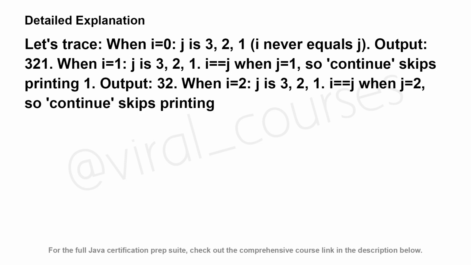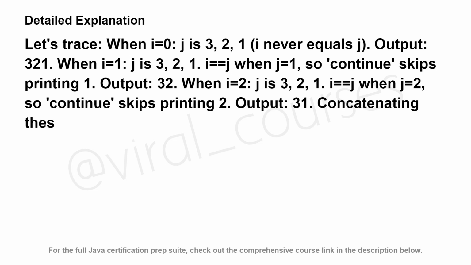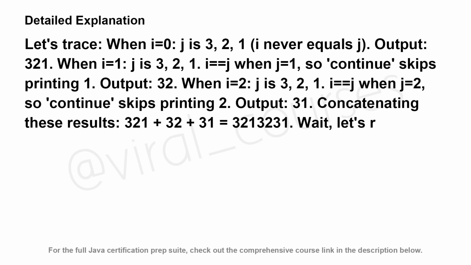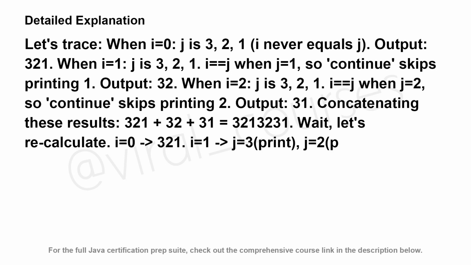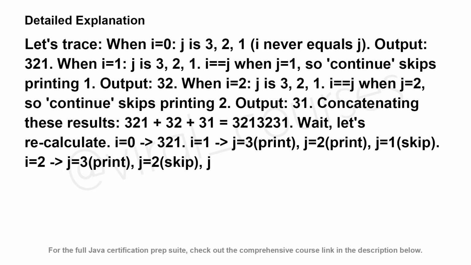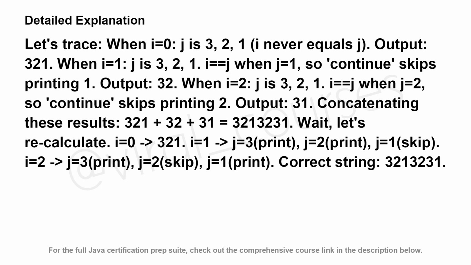Output 31. Concatenating these results: 321 plus 32 plus 31 equals 3213231. Wait, let's recalculate. i equals 0 gives 321. i equals 1: j equals 3, print; j equals 2, print; j equals 1, skip. i equals 2: j equals 3, print; j equals 2, skip; j equals 1, print. The correct string is 3213231.